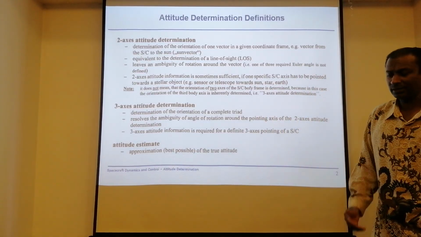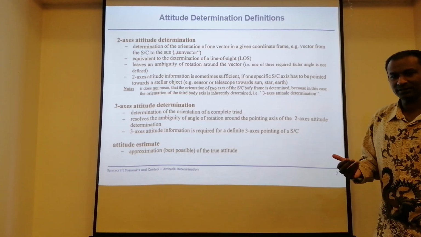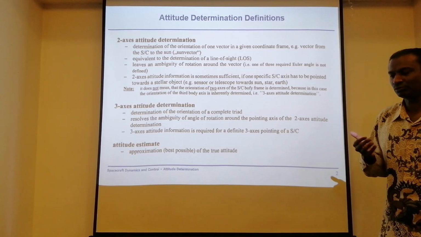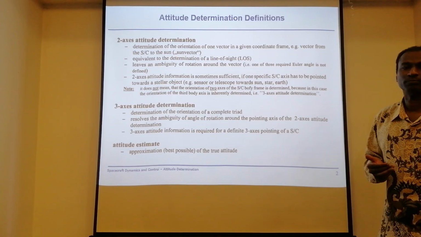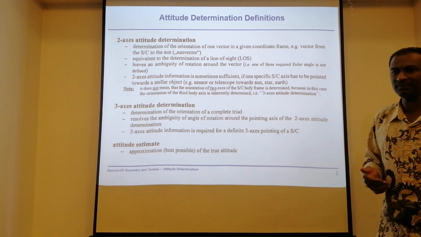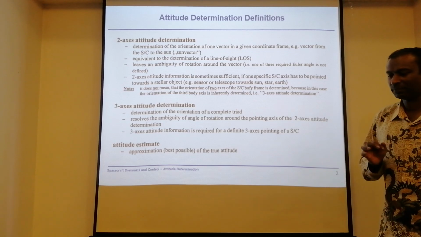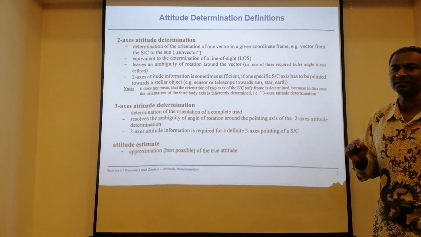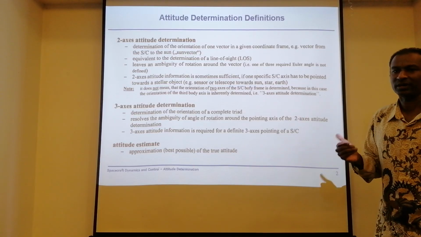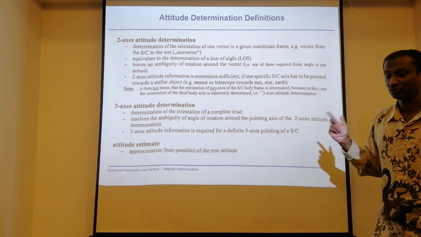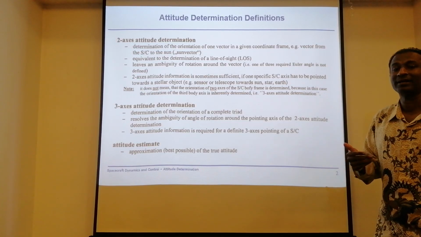Estimation is where you will have a sensor, and after that you run an algorithm. Why? To estimate what is the possible true attitude. So you need to do the estimate, while determination is practically reading the output of a sensor, and then you know what your attitude is. Whereas in estimation, the actual attitude comes after you run your calculation.